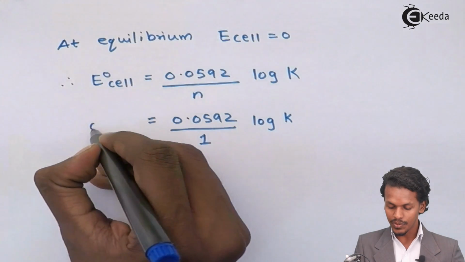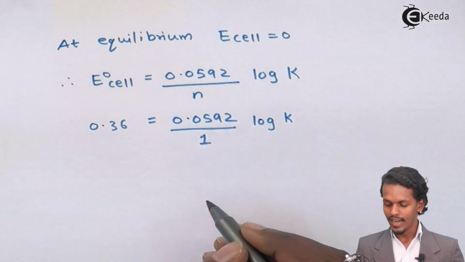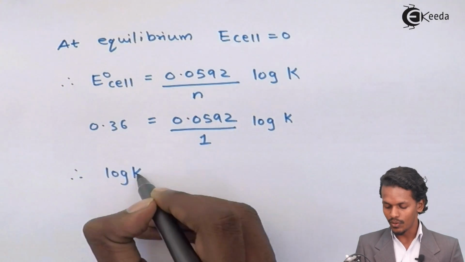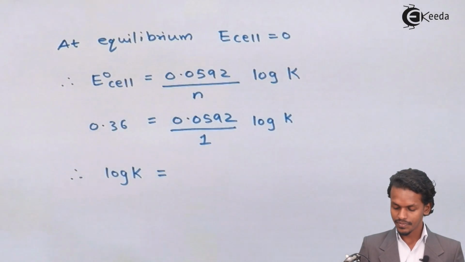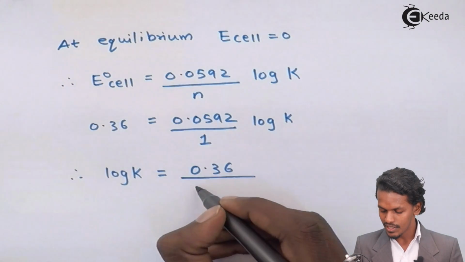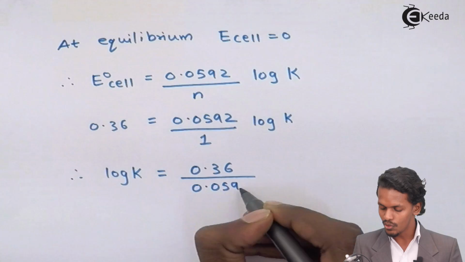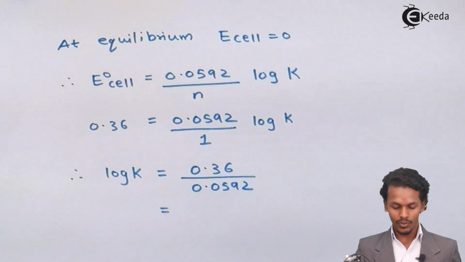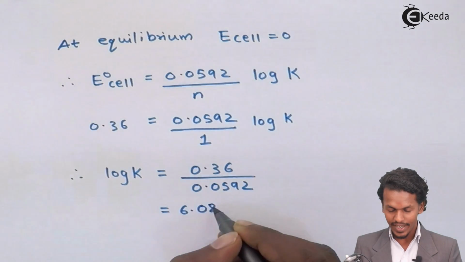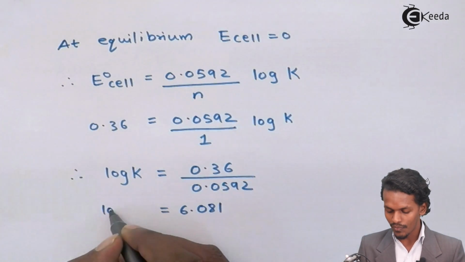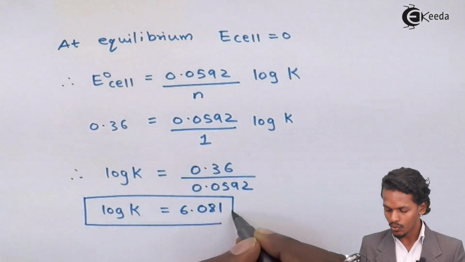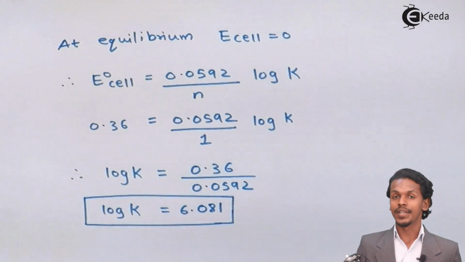So we can substitute 0.36 volt here, and let us see the value of log of K. So the value of log K will be equal to 0.36 divided by 0.0592. So we have got a value of 6.081. So this is the value of log K, or the log to the base 10 of the equilibrium constant.